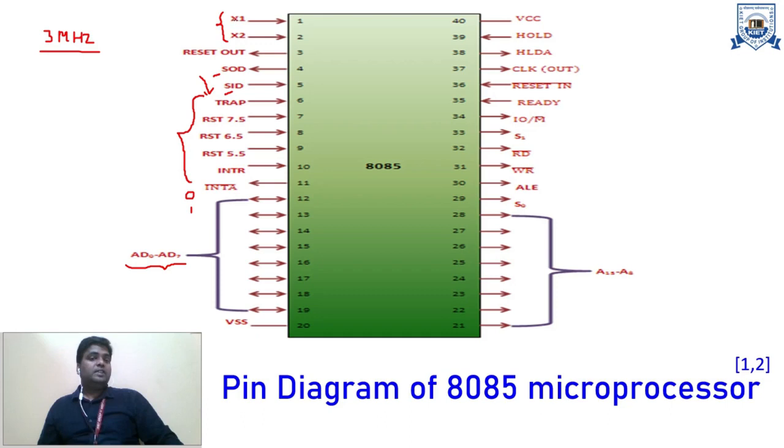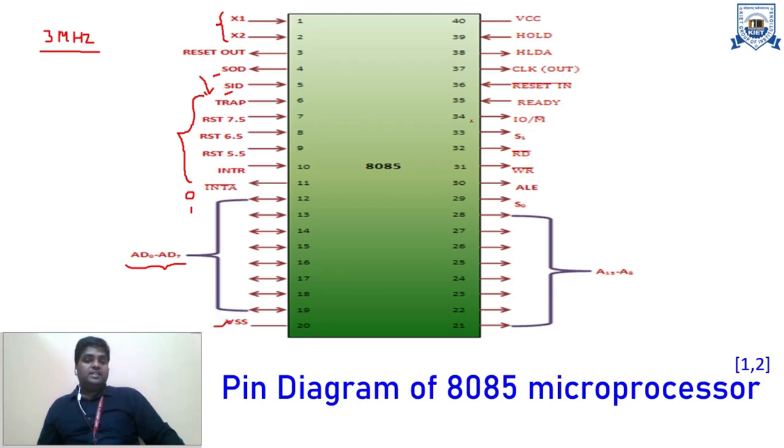With the help of these two pins, pin 1 and pin 2, we maintain the internal clock frequency for the 8085 microprocessor. This clock frequency is made with the help of RC and RL connections, and on that basis the 3 megahertz clock frequency is maintained.